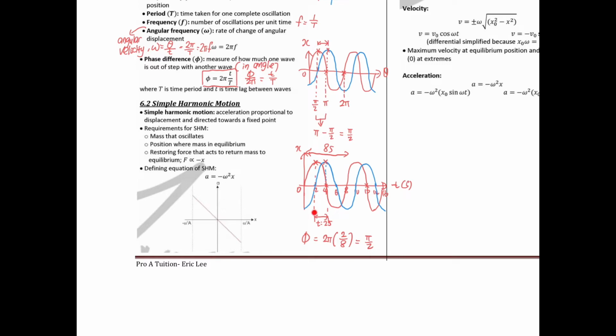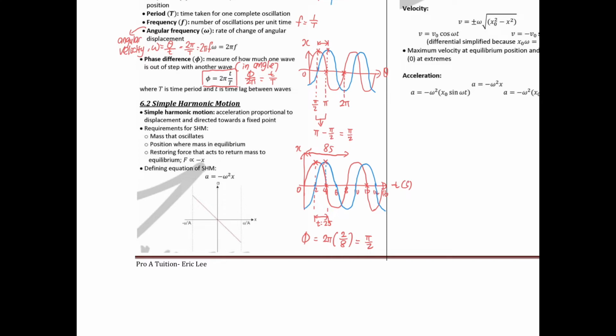So you have to use the smaller time to help. 2 pi is the angle of one complete oscillation. Then you have to use the time for one complete oscillation, that is period. So they are in proportions. So they are ratio method actually. Okay, so we use the formula in that way.